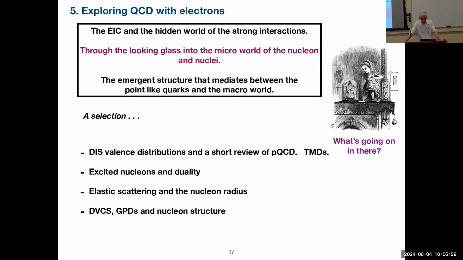And in the nucleus, you have A to the 1/3 distance here, and there are all these nucleons. And now you look at it from an oncoming electron, which produces a photon, and then that might produce a quark pair, and the quark pair will pass through this material. And how to think about that material?